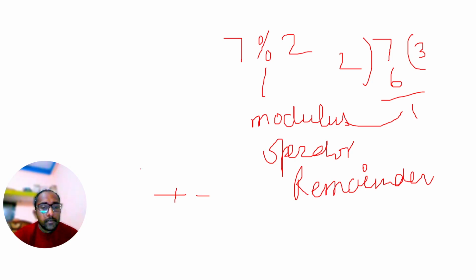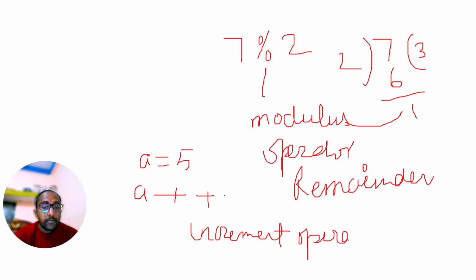Suppose you declare and initialize a equal to 5, then a plus plus is the increment operator. It increases the value by 1, so a now becomes 6.